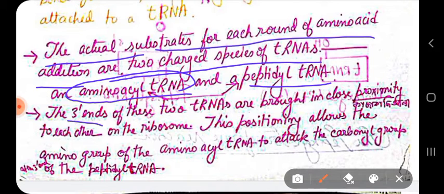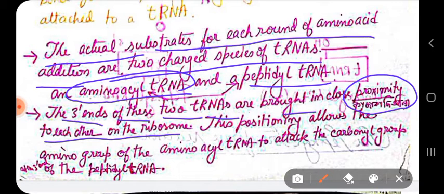The 3' ends of these two tRNAs are brought close in proximity to each other by the ribosome. So what does the ribosome do? The ribosome only allows two tRNAs. One is the peptidyl tRNA, where the elongation has been taking place for a long time, and the other is the amino acid tRNA, the newly charged tRNA that incorporates into the growing polypeptide chain.